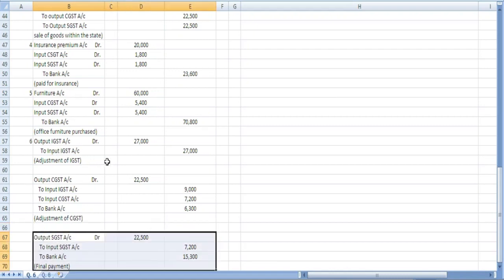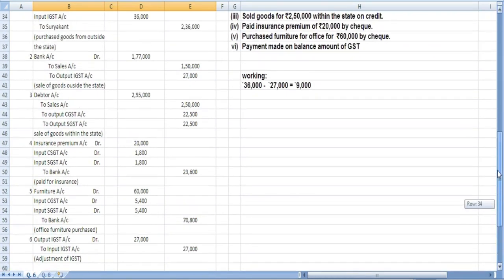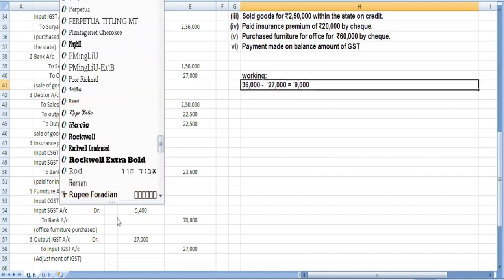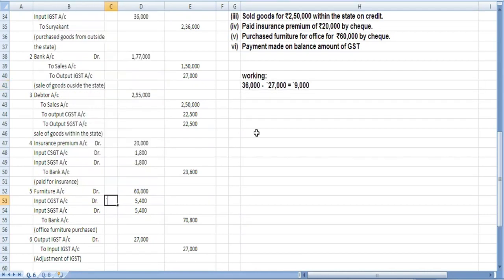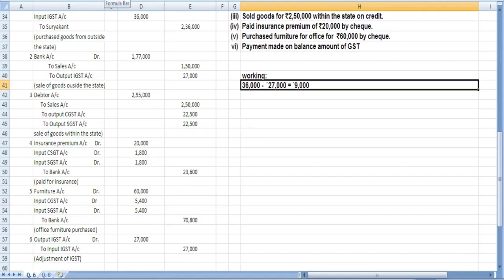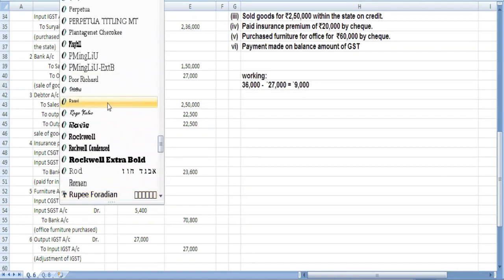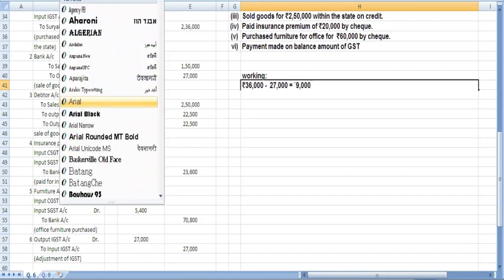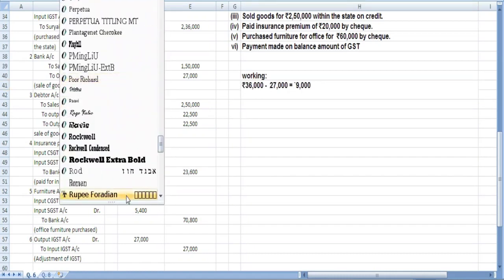Here we had our output IGST, what we had collected, it was 27,000, and what we had given while purchasing was 36,000.